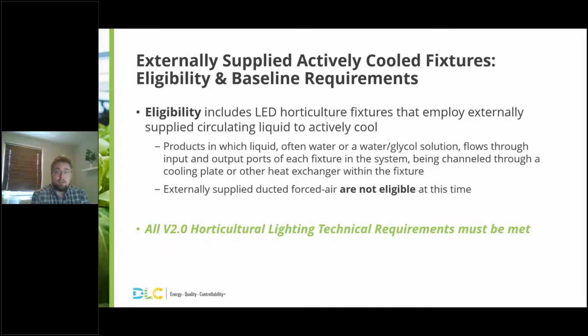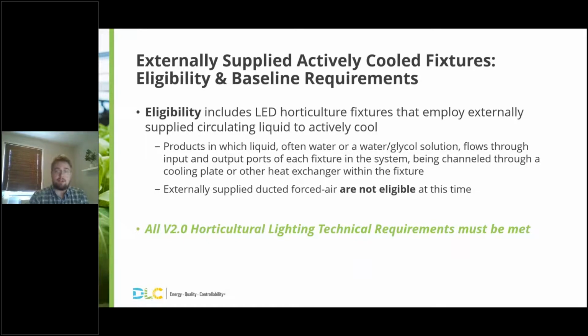To clarify, externally supplied ducted forced air products are not eligible at this time. And throughout the technical policy and this webinar, I'll just be calling them actively cooled fixtures.